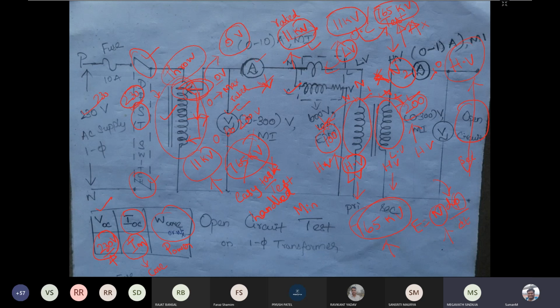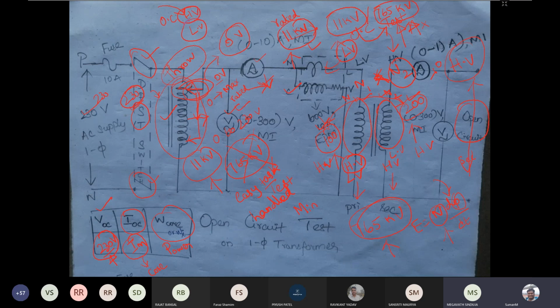The only thing is that we open circuit the high voltage winding, because if we open circuit the low voltage winding, you would need a sufficient voltage source on the source side, and high voltage need not be available at all locations.